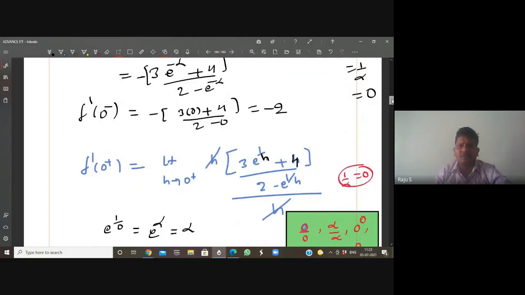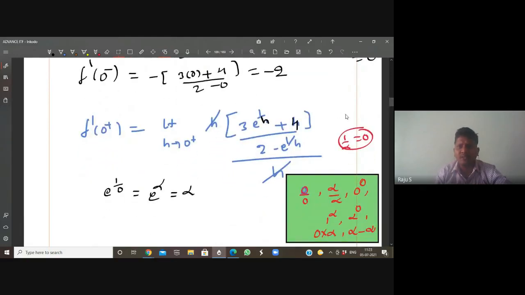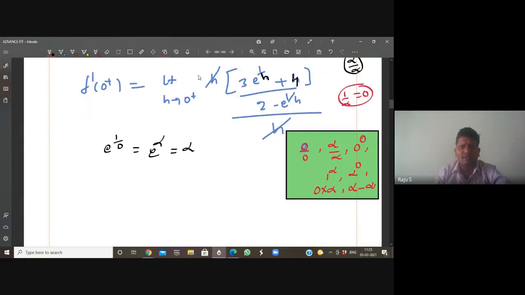When I substitute directly here, we're getting infinity by infinity, undefined. So what shall we do? Whenever we get infinity by infinity, not only in this problem, if substituting h alone gives infinity by infinity, whatever function is related to h, you should take common. I'm going to give more examples.